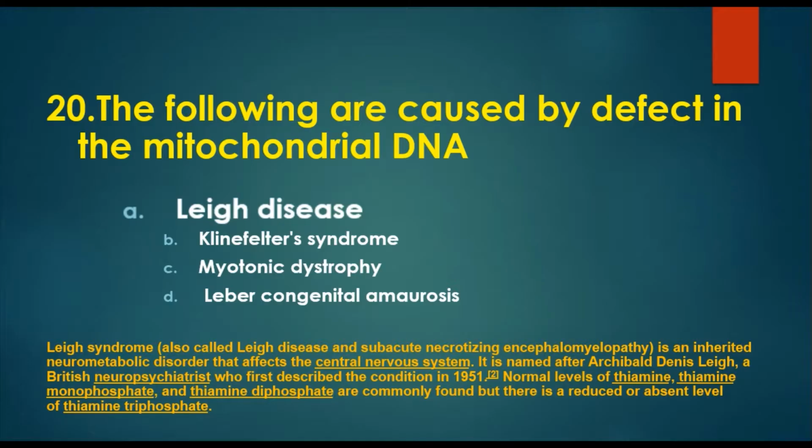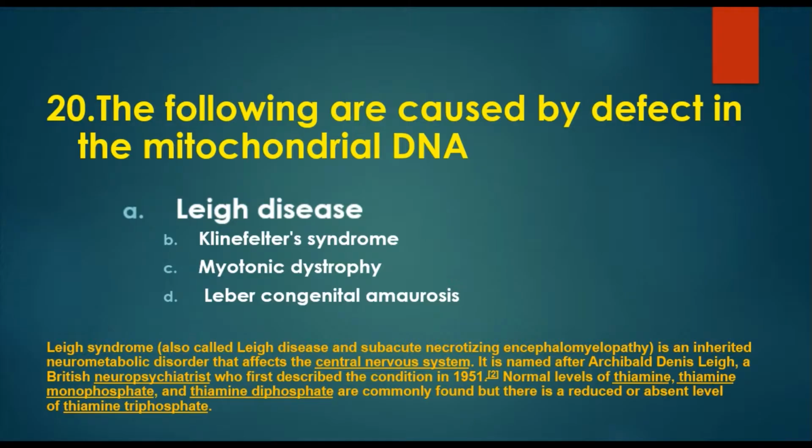Generally, normal levels of thiamine and thiamine monophosphate and thiamine diphosphate are found, but there is a reduced or absent level of thiamine triphosphate. Then Klinefelter syndrome is a syndrome caused by an additional X chromosome, so this is a wrong answer.